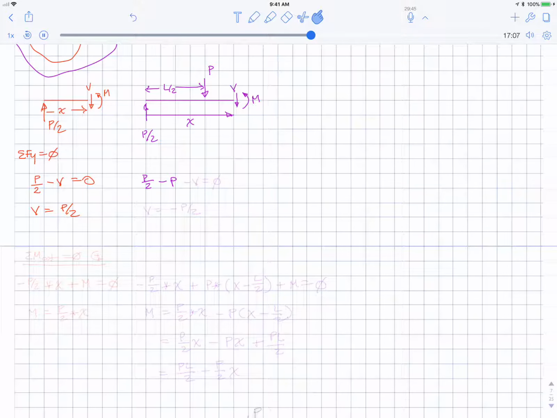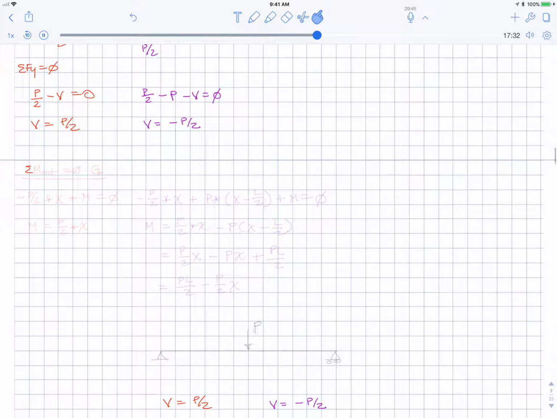I'm looking at the purple free body diagram. Minus V equals 0. And solving for V, we get V equals minus P over 2. It's interesting. You have positive P over 2 for shear in the red, and you have negative P over 2 for the shear in the purple. And it transitions at L over 2, right where that point load is.